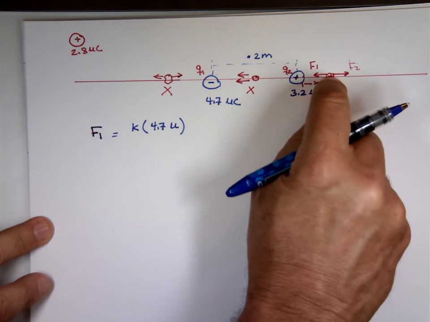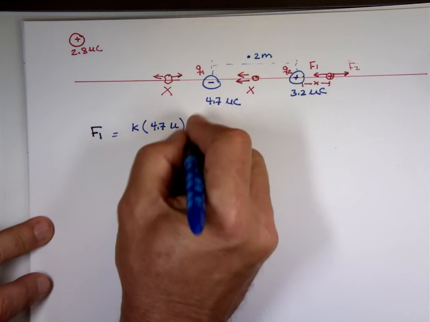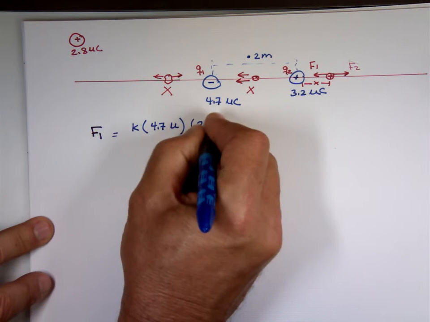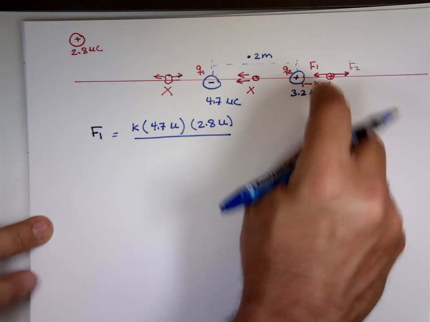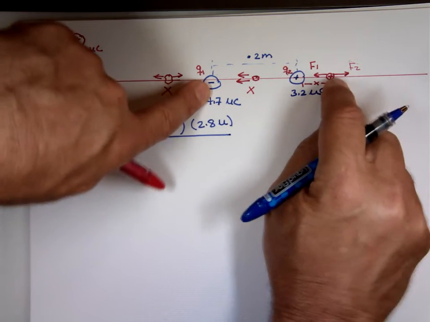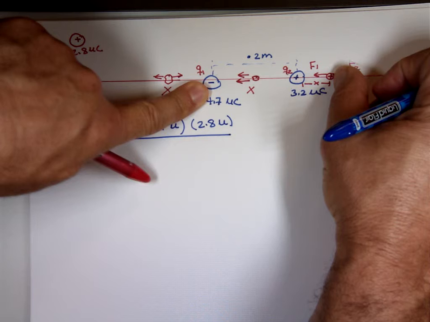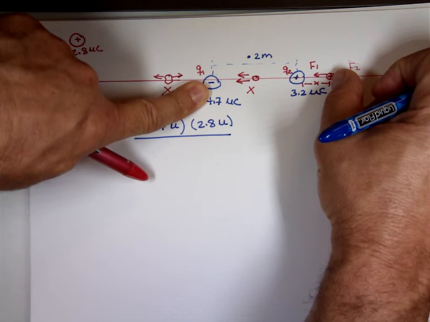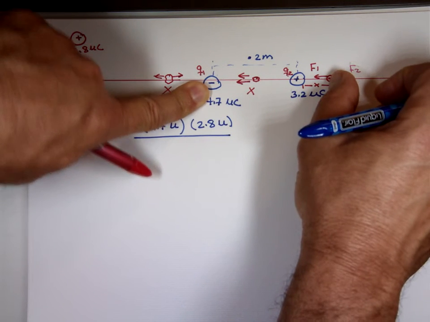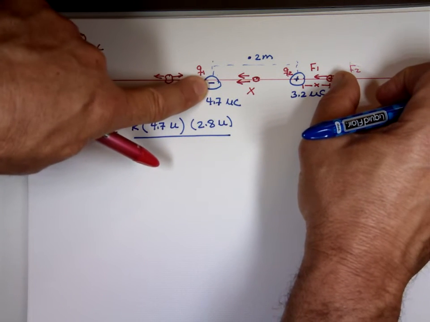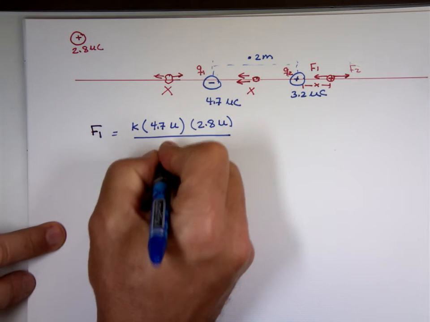What's this charge here? 2.8 micro over the distance squared. What's the distance from here to here? We know this is x and we know this is 0.2. So what's the distance from here to there? 0.2 plus x.